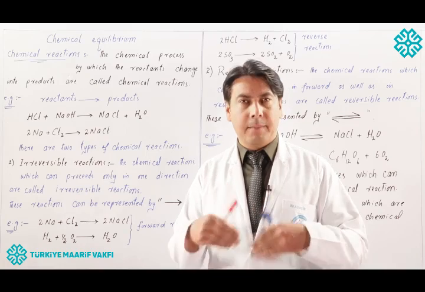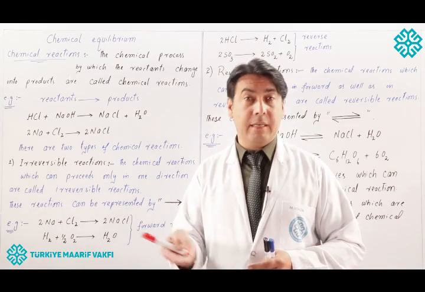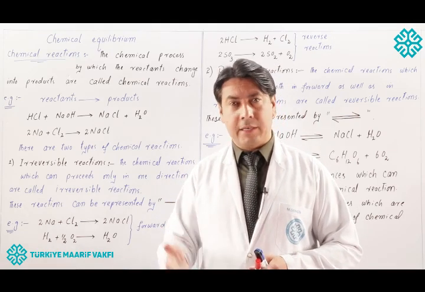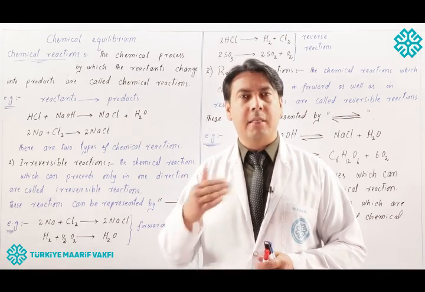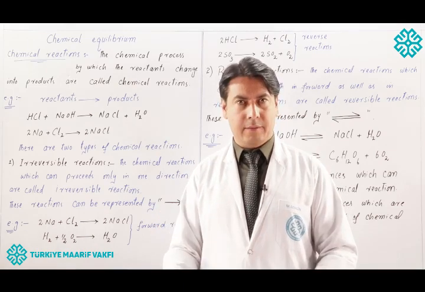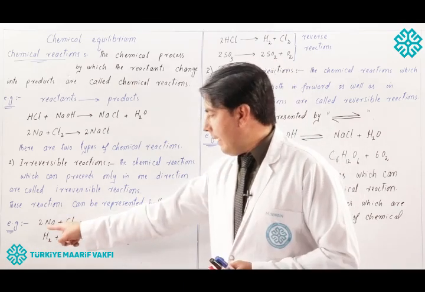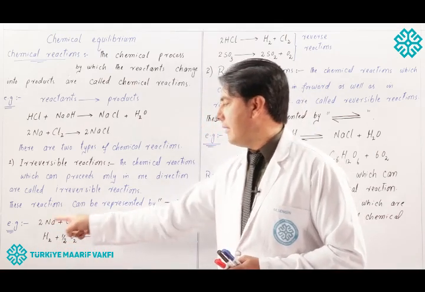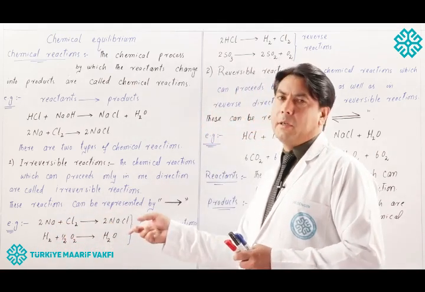Irreversible reactions are of two types, forward reactions and reverse reactions. Forward reactions are those reactions in which the reactants convert into products only. So Na, sodium, and chlorine are the reactants. In this reaction, the reactants can be converted only into product.